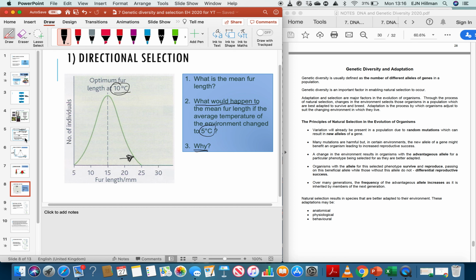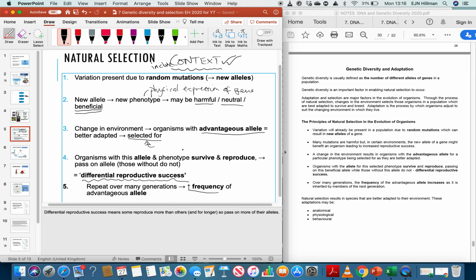Okay. Now, if they have the advantageous alleles, that means that they are able to survive and reproduce at that cooler temperature more often. So survive for longer, reproduce more often, and pass on those alleles for longer fur.